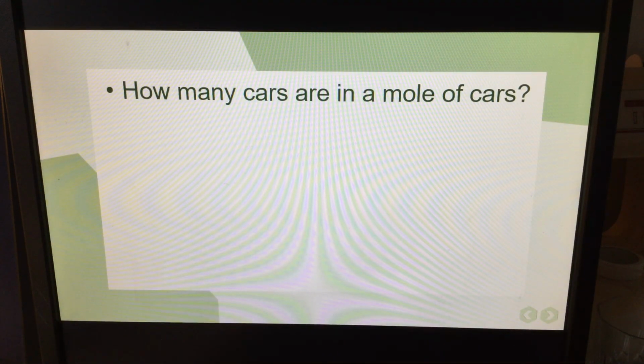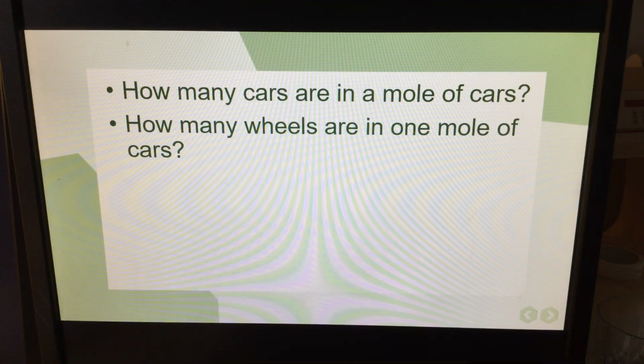So the question is, just to think about it, how many cars would be in a mole of cars? Well, there would be 6.02 times 10 to the 23rd cars, but that would be way too many cars. They wouldn't even fit on the earth. So we don't usually use it to talk about cars, but if we said how many wheels are in a mole of cars, well, there's 4 wheels on one car, so we would multiply 4 times 6.02 times 10 to the 23rd, and we would get 24 times 10 to the 23rd.